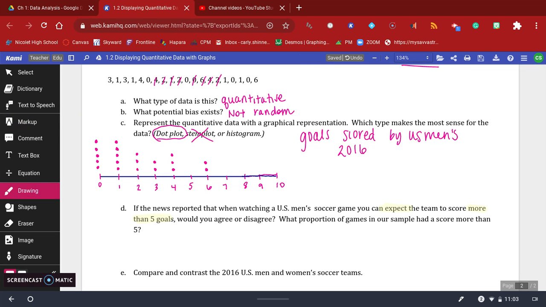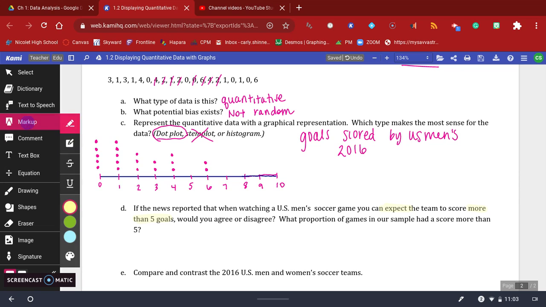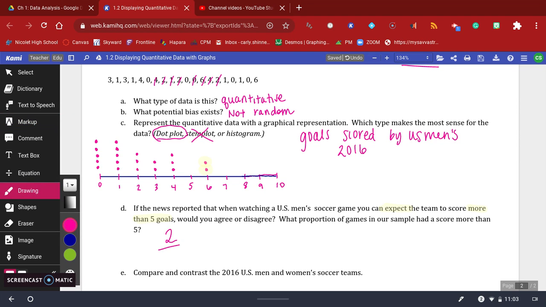So in order to answer that question, we're going to see, well, what's the proportion of games where they score more than 5? That's only 2 of the 20 games in this sample. That's only a proportion of 0.1 or a percent of 10%. And so again, we're going to disagree. That's probably not likely, probably not something you want to say you can expect.